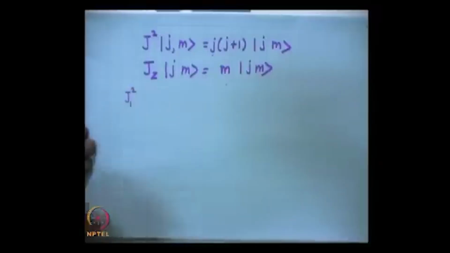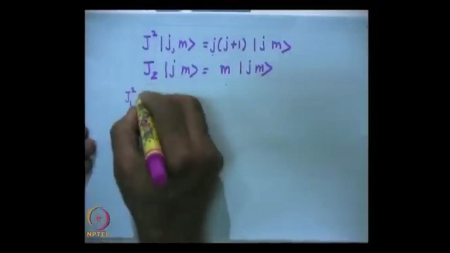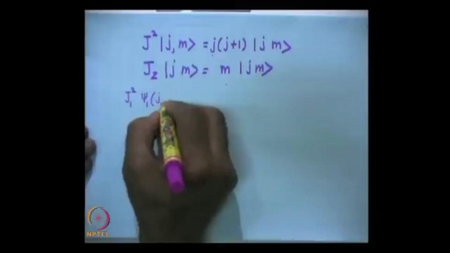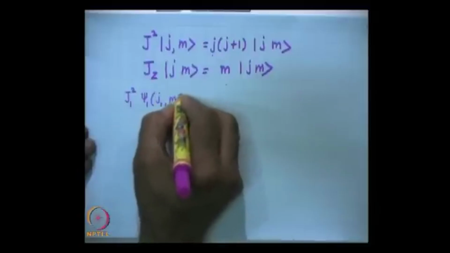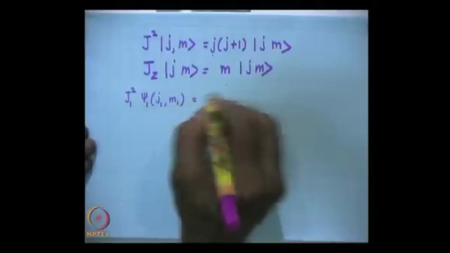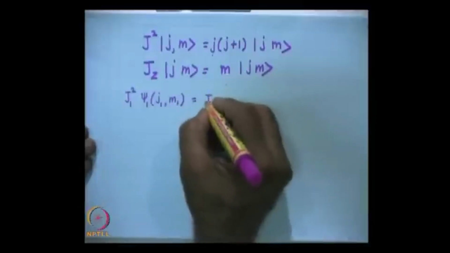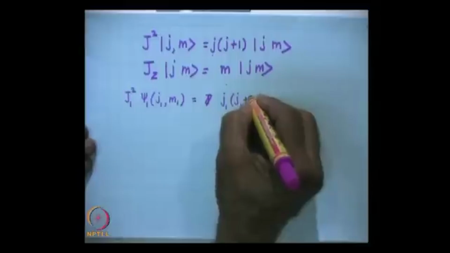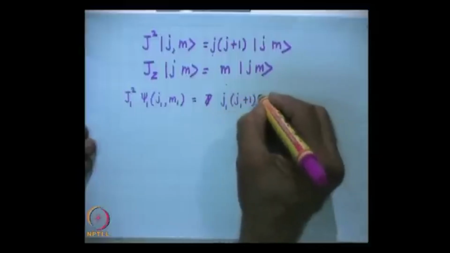Now, let me go back to J1 square. Let psi 1 J1 comma M1 be the simultaneous eigenket of J1 square and J1z. So, J1 square psi 1 is equal to J1 into J1 plus 1 h cross square psi 1.